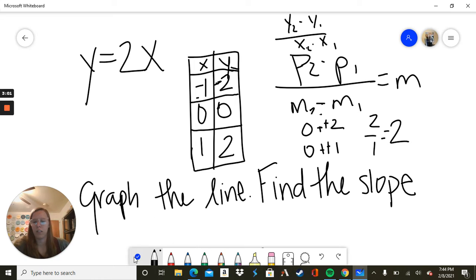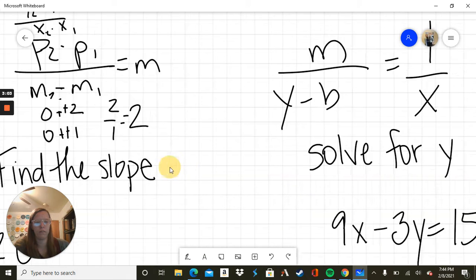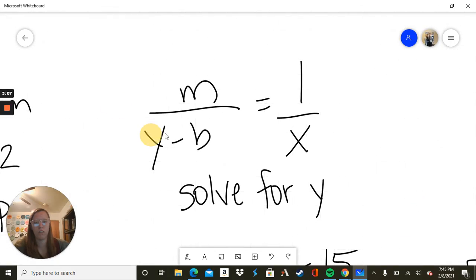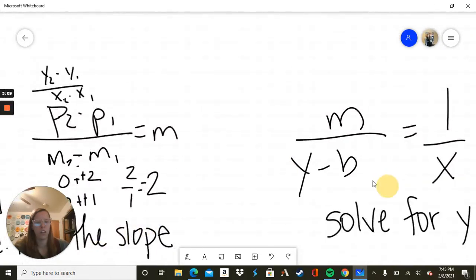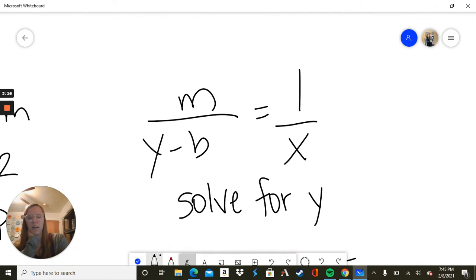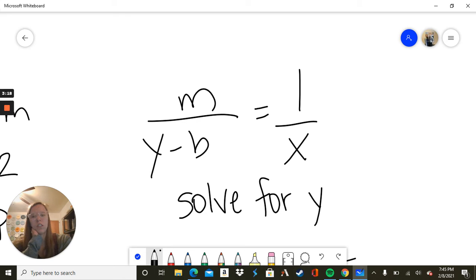Now we're going to move over here to solve for y to figure out our equation for slope. So we need to get y by itself. So we're first going to multiply by 1 over m.